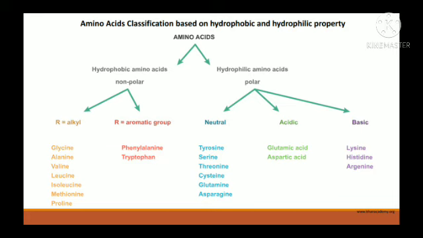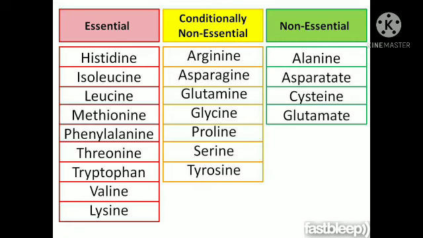The amino acids are said to be essential if they are not synthesized in our body, so we should take them in our diet. So essential amino acids are those which our body cannot synthesize and which should be taken in our diet. So they are part of a human diet.